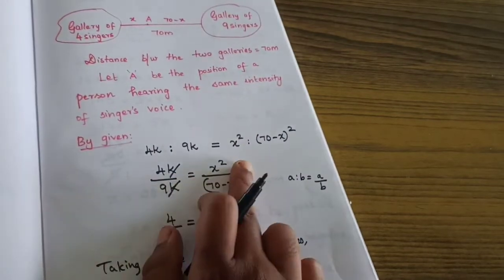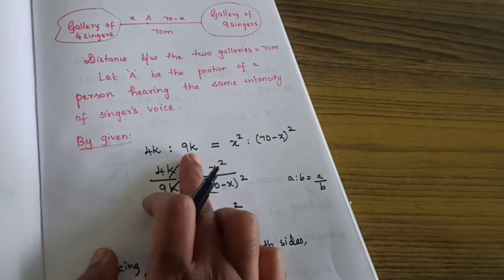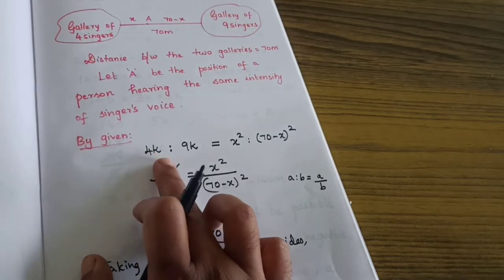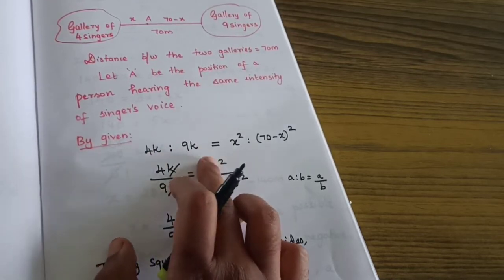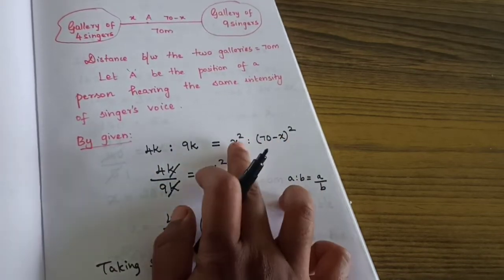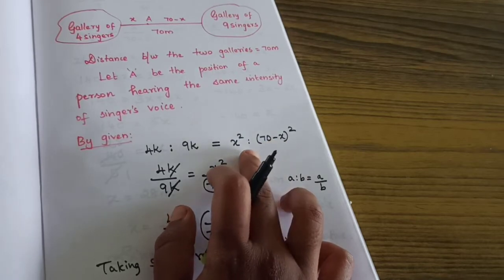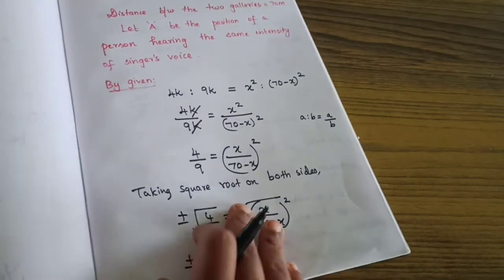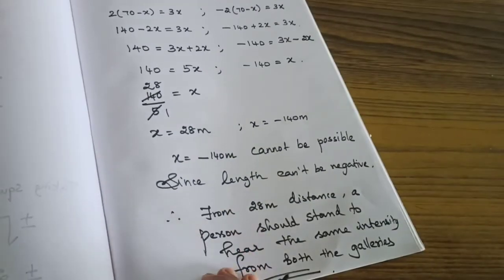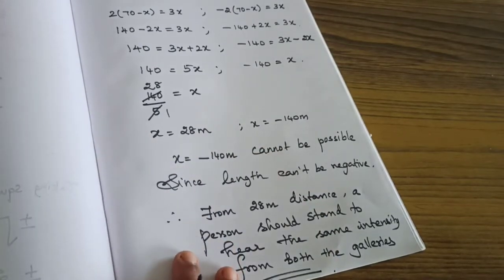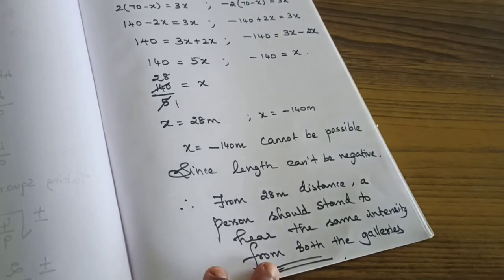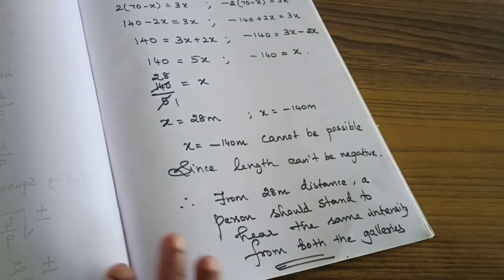By the hint they gave, the intensity means 4K into 4 singers' voice, and 9K for the 9 singers' voice, which is equal to the square of the ratio of the corresponding distances. After that we take the square root and get two values. While solving the two values separately, we get one minus value and one possible plus value. The minus value is not possible because length cannot be negative. So the final answer is x equal to 28 meter.